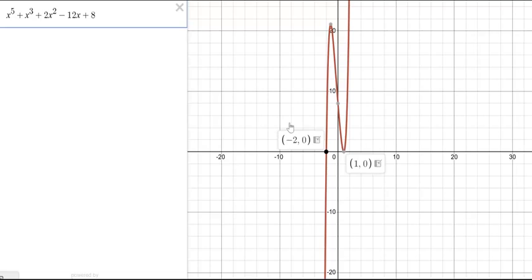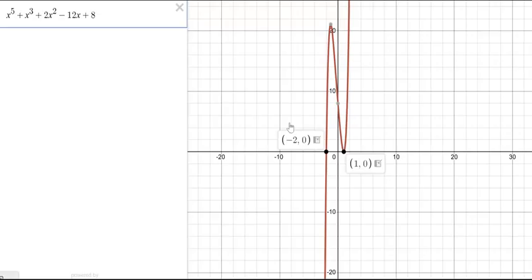Now, I've got to have 3. So I can't have 1 of these and 2 of these. I can't have 1 at 1, 0, or 1 at the positive and 2 at -2, 0, 2 of the negatives, because I know I'm going to have 1 negative answer and 2 positive answers.